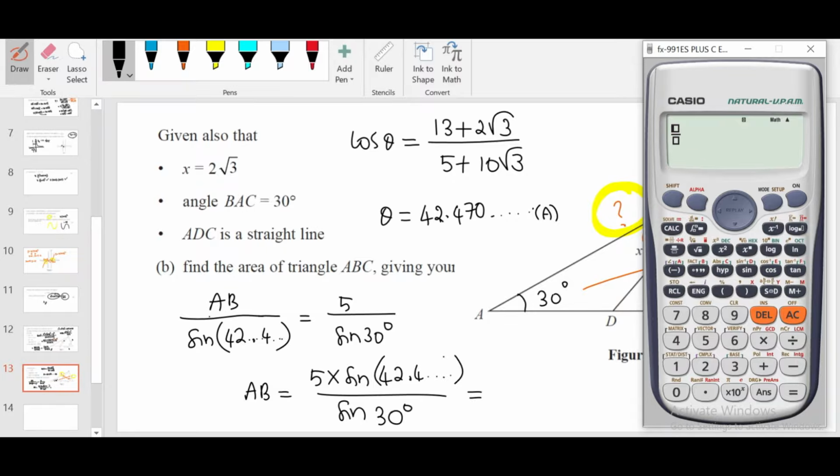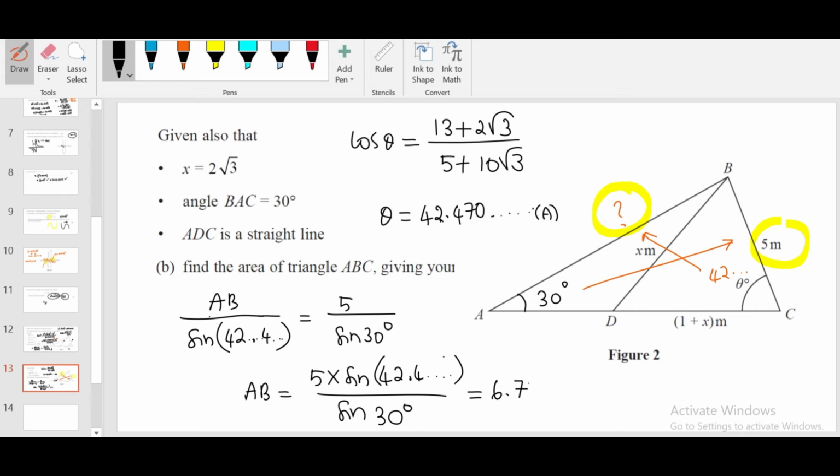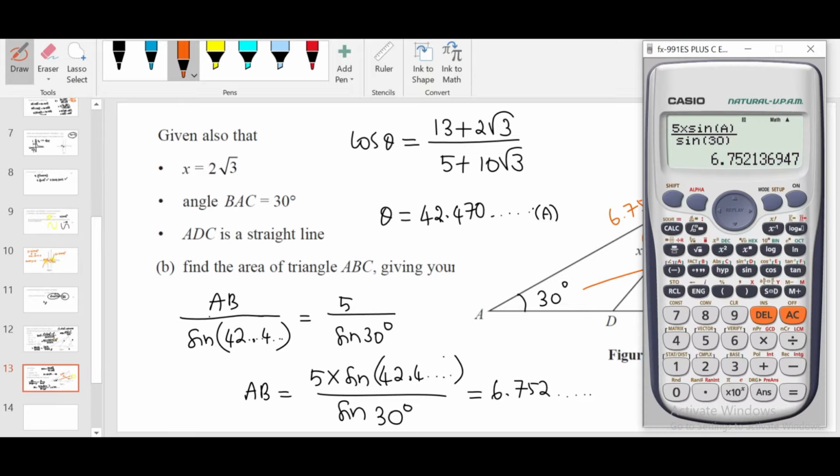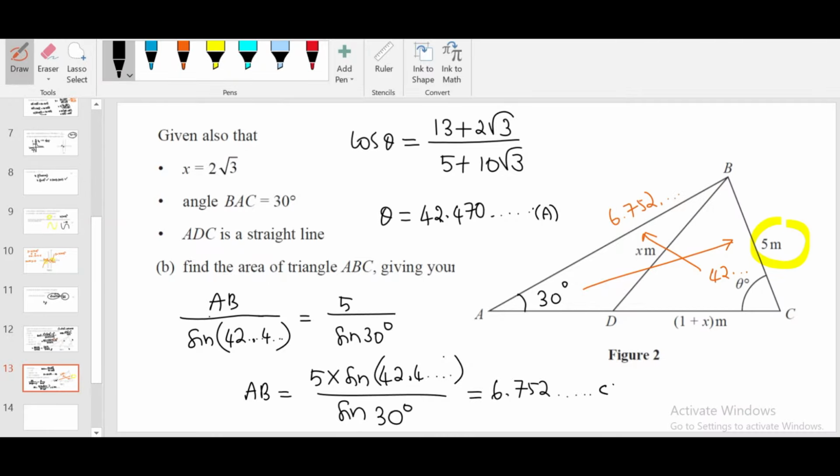I stored it as A, so I'm gonna put A here, divided by sine 30. So I got 6.752, etc. Again, I'm gonna store this value as C immediately.